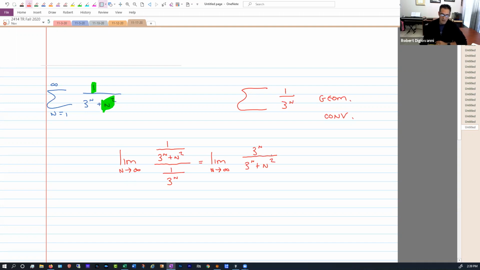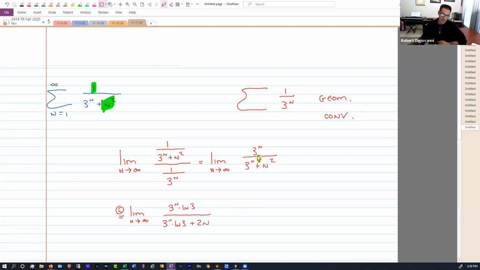And if I let n go to infinity, I get infinity over infinity, yes? So L'Hopital. The derivative of 3 to the n is itself times natural log 3, over 3 to the n times natural log 3 plus 2n.